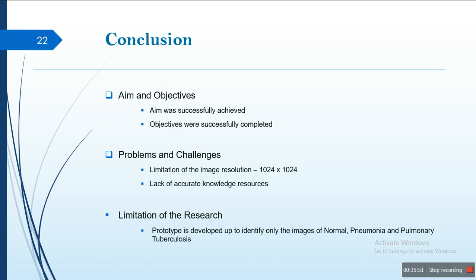The final conclusion: the primary objective of automated diagnosis of the diseases pneumonia and pulmonary tuberculosis was to research, design, develop, test and evaluate a software application that could differentiate between the selected two diseases.